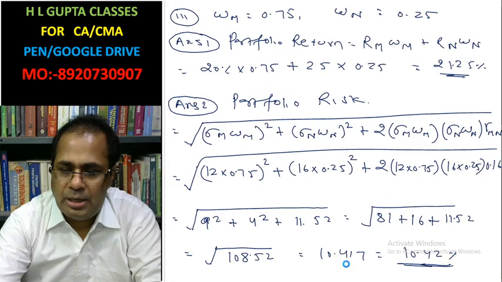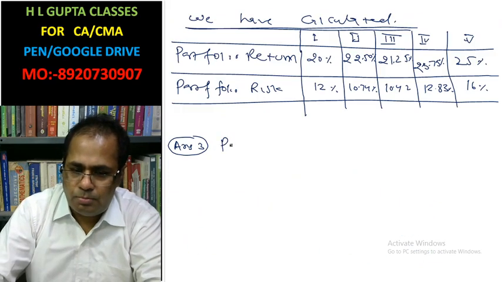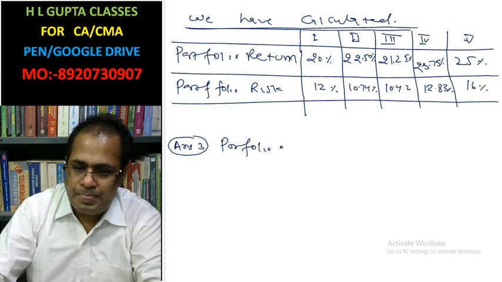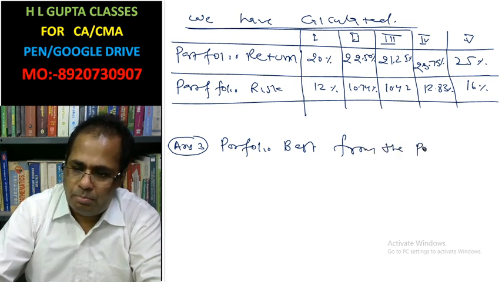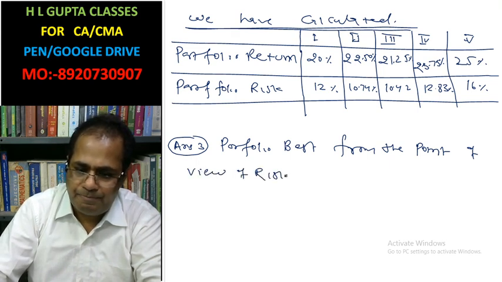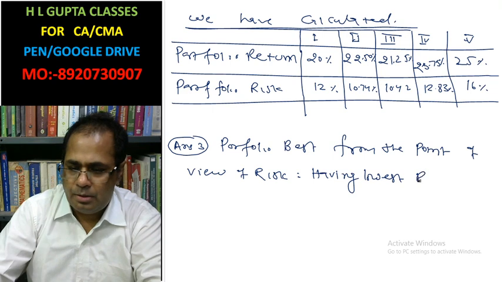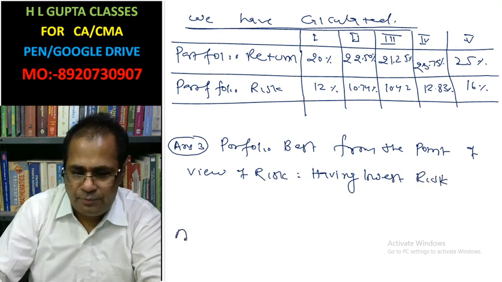Answer: the portfolio best from the point of view of risk is the one having the lowest risk.